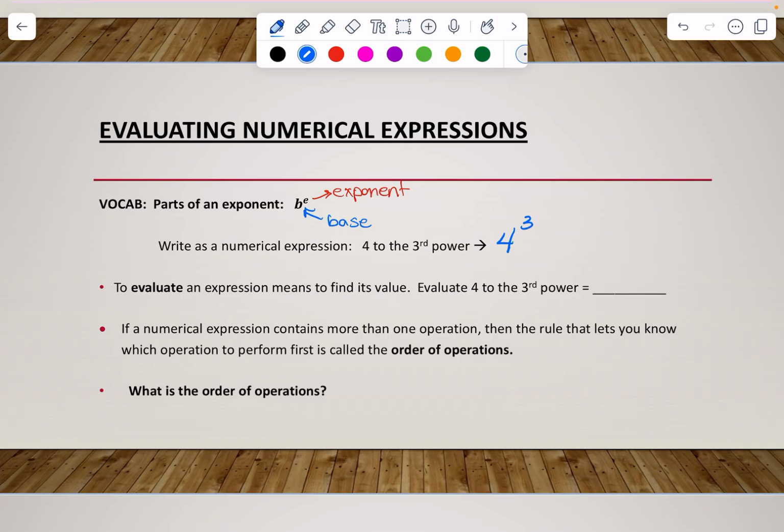To evaluate an expression means to find its value. So if I ask you to evaluate 4 to the third power, what that really means is 4 times 4 times 4. And when we do that, we have 4 times 4, 16, times 4 is 64.